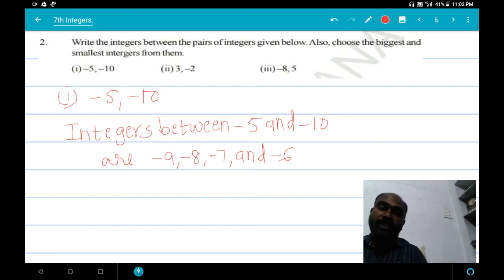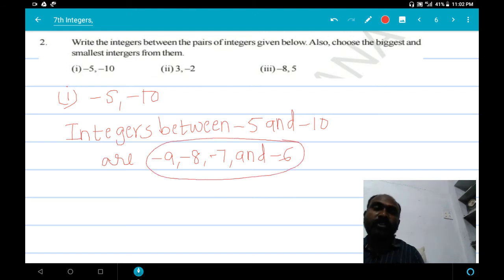And next question is also choose the biggest and smallest integers from them. So from this we choose the biggest and smallest. Here which is bigger and which is smallest? Here on the number line, -6 is this one, and -7 is this one, and -8 is this one, and -9 is this one.